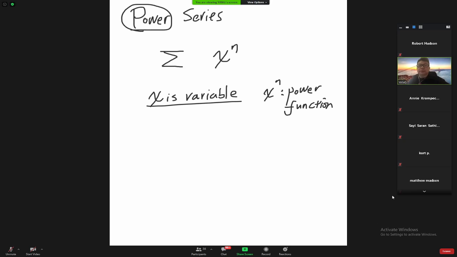But if we write n from 0 to infinity, this is going to be 1 plus x plus x squared plus x cubed. To make it more general, because every coefficient may not be 1, we put c_n here. So this is called a power series.